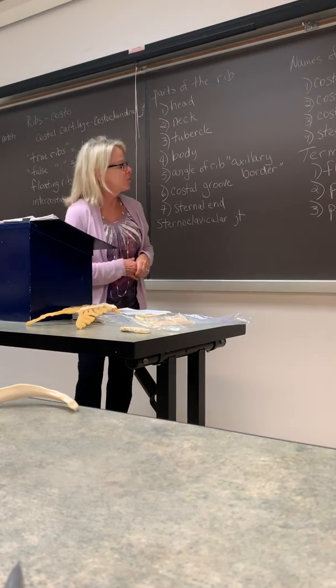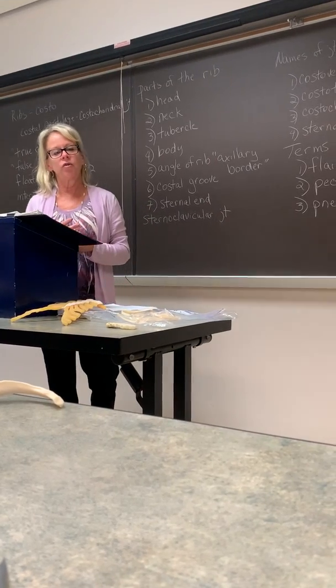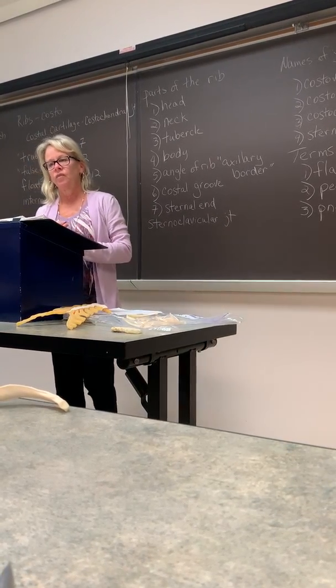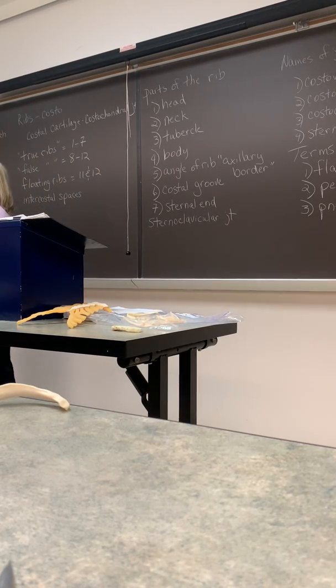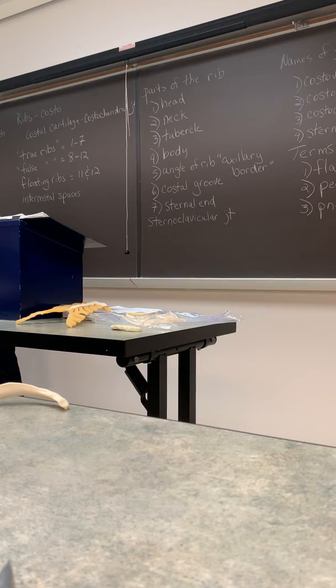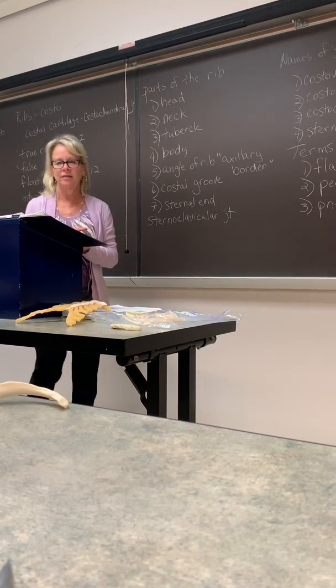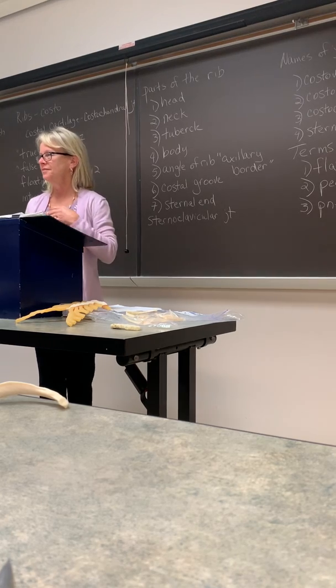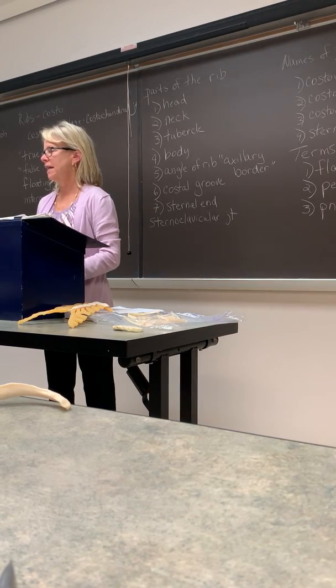Okay, the last one, and we've had this term before, is something called a pneumothorax. That can also be very dangerous. What's a pneumothorax? Air in the thoracic cavity. That's atelectasis.